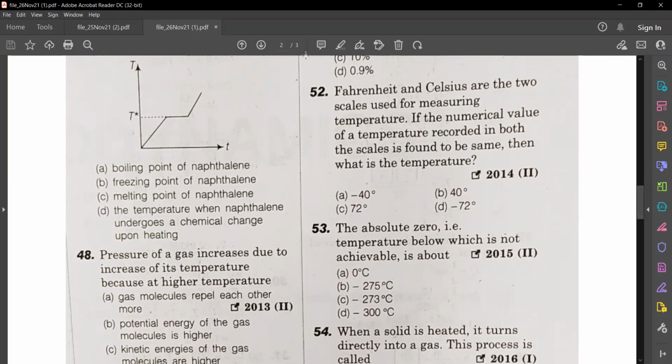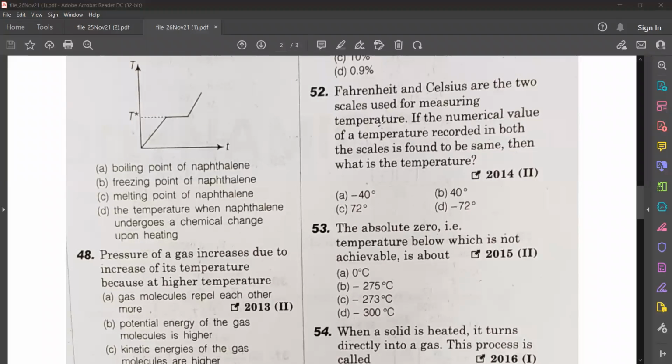Fahrenheit and Celsius are the two scales used for measuring temperature.